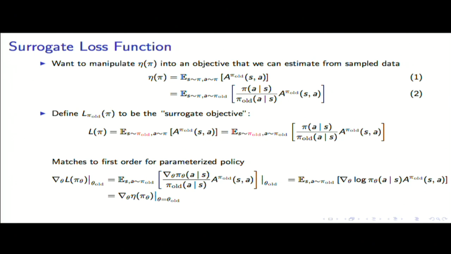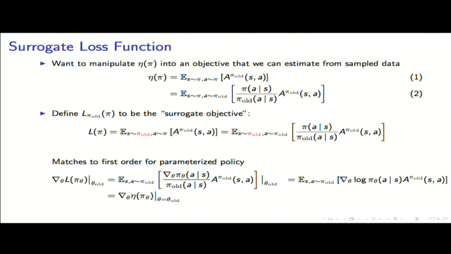The question was, how can we sample S from pi? Can't we just sample A from pi? We're sampling S from pi old, the old policy.